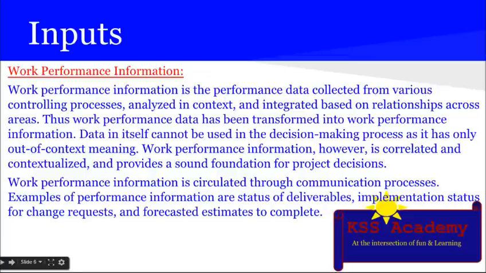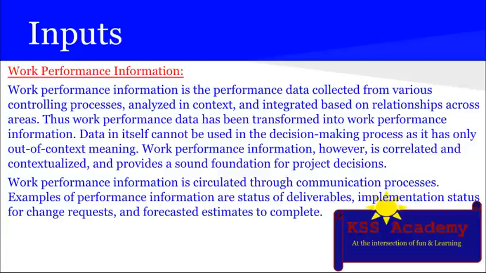The next input is work performance information. WPI is the performance data collected from various controlling processes, analyzed in context, and integrated based on the relationships across areas. Thus, work performance data has been transformed into work performance information. Data in itself cannot be used in the decision-making process as it has only out-of-context meaning.